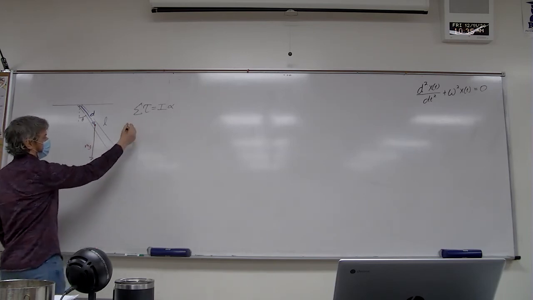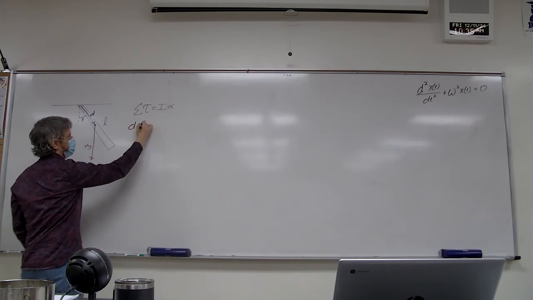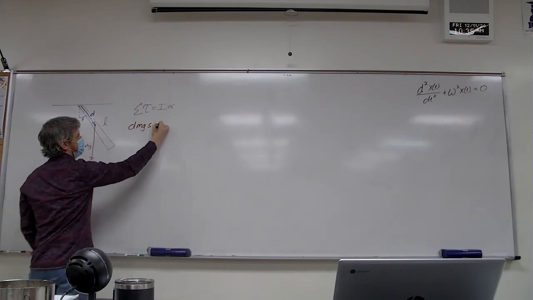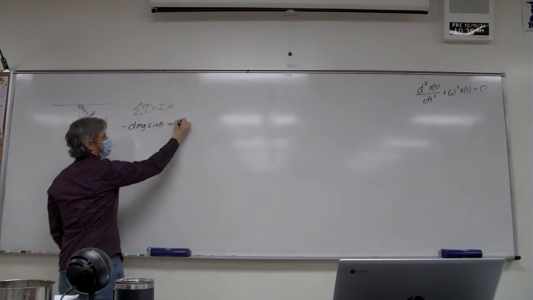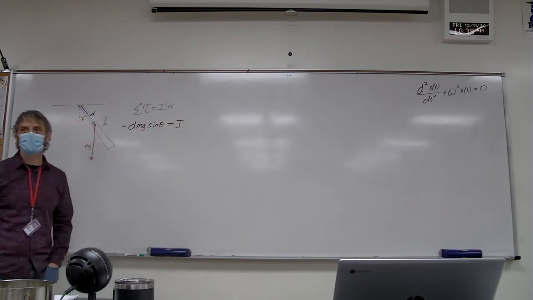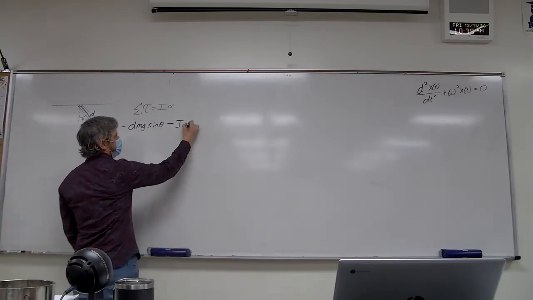So the net torque here is going to be the lever arm d times the weight force mg times the sine of the angle between them. That's negative. That's going to equal the rotational inertia. I'm just going to leave it as I, because that could be the rotational inertia for any object regardless of shape, times the angular acceleration.